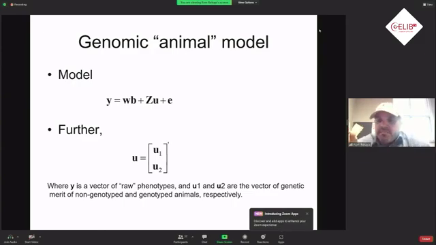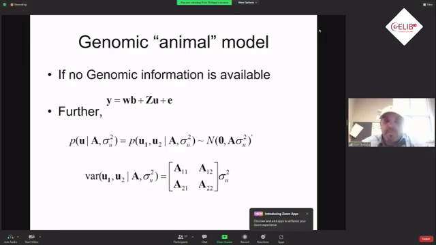Is it clear? So here I'm putting everybody. Every animal I have in the pedigree, genotyped or not, is going to be included in the genomic evaluation. And I'm going to divide this set of individuals into one group of animals that have genotypes, which I call U1, and a set of animals that are not genotyped, which I call U2. But the analysis is going to be done with all of them. Again, I'm going to use the same trick I presented before in imputing missing genotypes for the QTLs, for the SNPs.